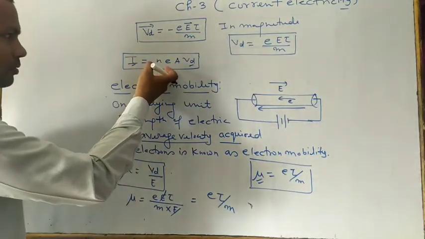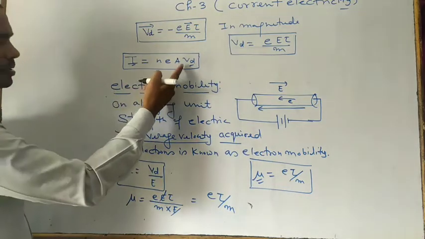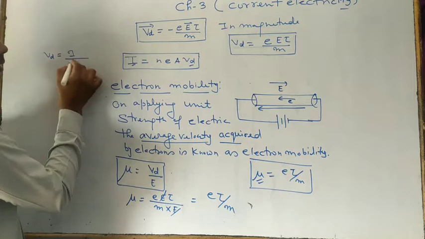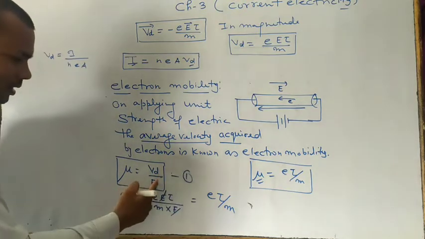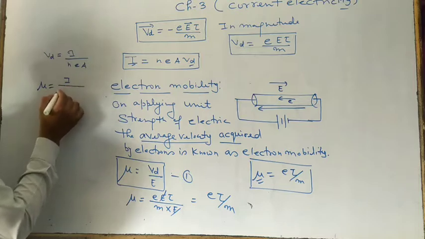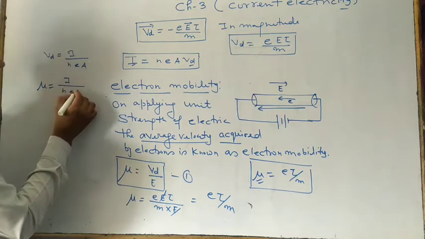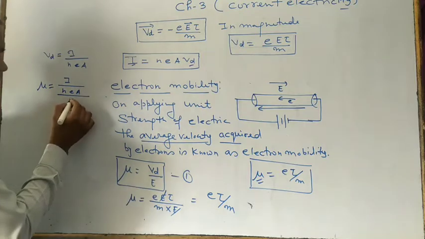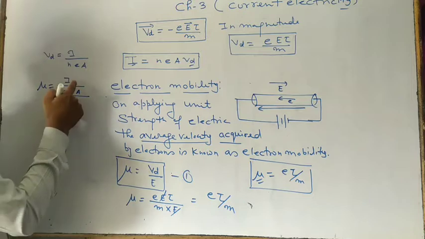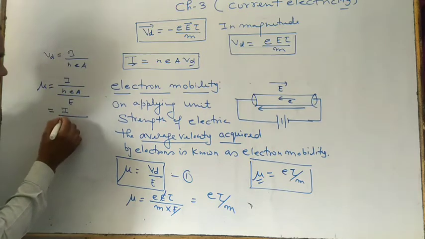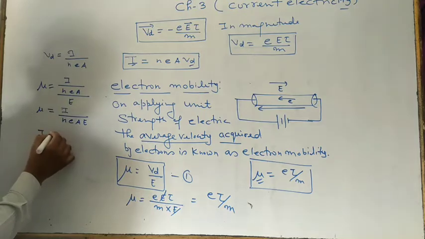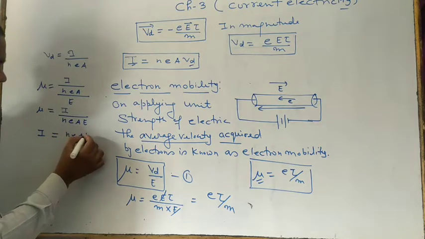Now if you use another formula, since Vd is equal to I upon NEA, putting this in mu equal to Vd by E, we get mu equal to I upon NEA times E. So we can write I equal to NEAE mu.